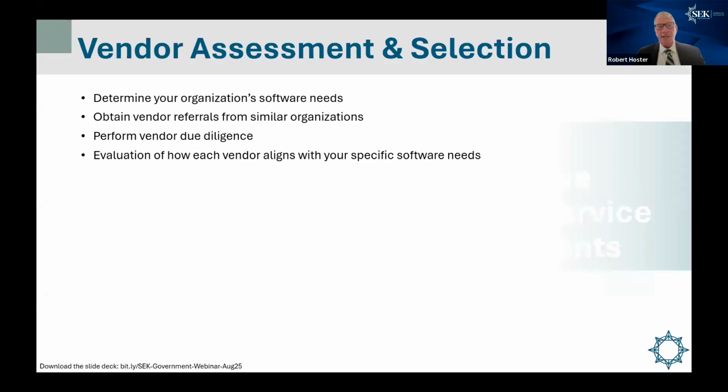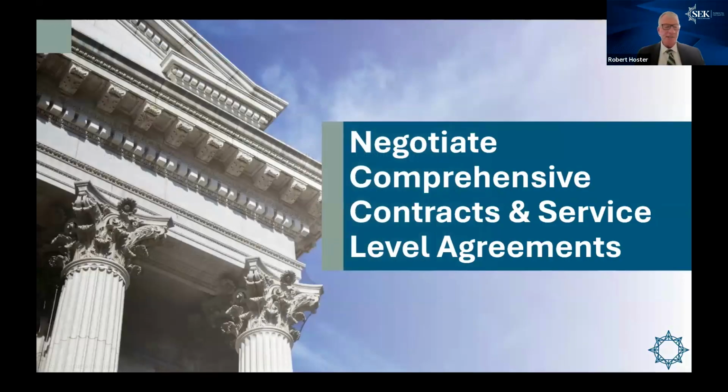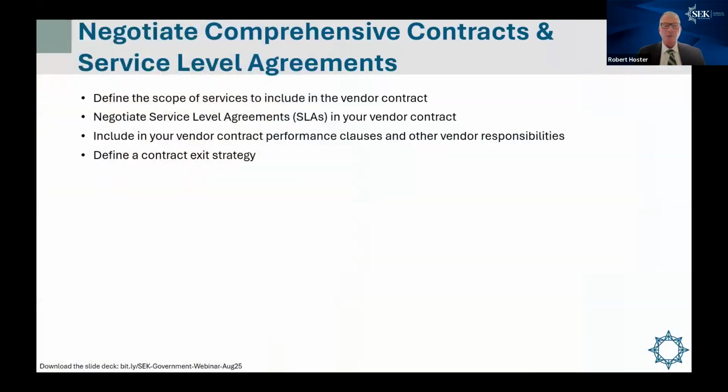Next, once you get past the vendor assessment and selection stage, the next step is to negotiate a contract and service level agreement with the vendors that you're looking to hire. First, you want to define the scope of service that you want to include in your vendor contract. This generally includes the type of services you're going to be expecting from the vendor, the deliverables that the vendor is going to be providing to your organization, the timelines for delivery, as well as the payment terms of the contract.